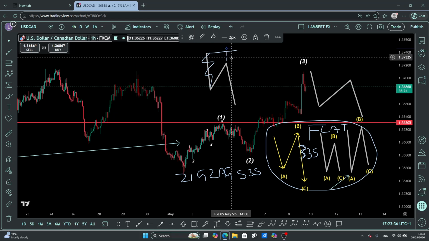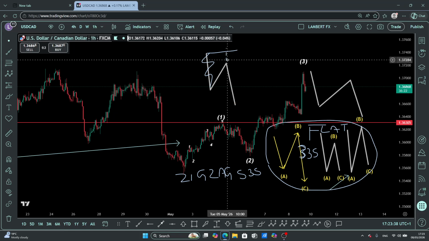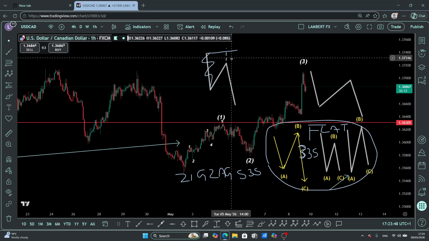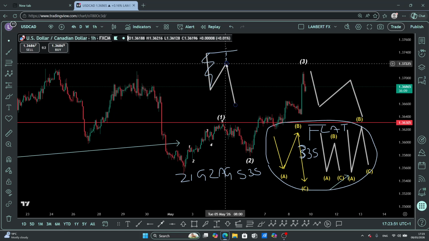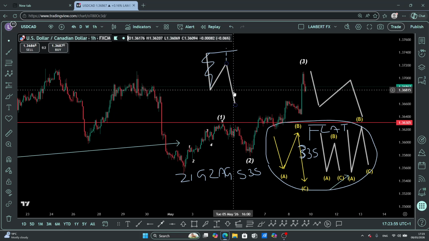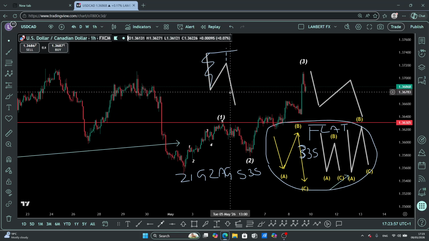Normally with a fib extension, the B leg is between 0.5 to 0.874, but it must not exceed that high there. And your C is a 5 leg down.